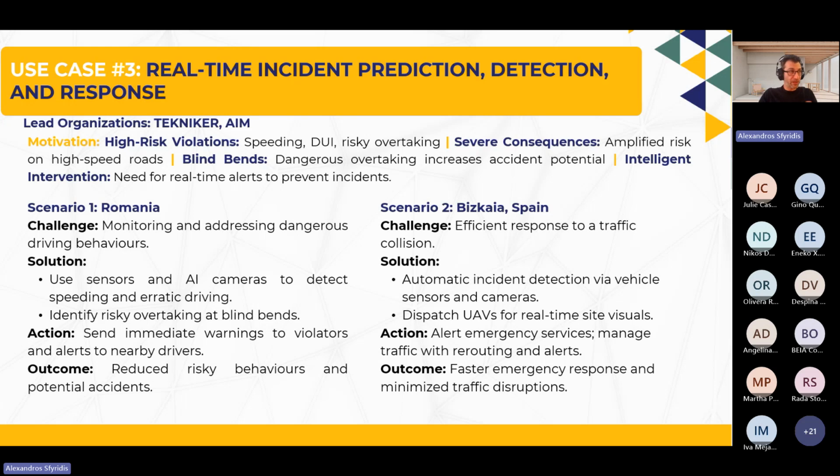So here again, we're using sensors and street cameras to detect abnormal behaviors and inform road users through, again, VMS or mobile applications, while also aiming to create a heat map of the incidents for the potential road managers.